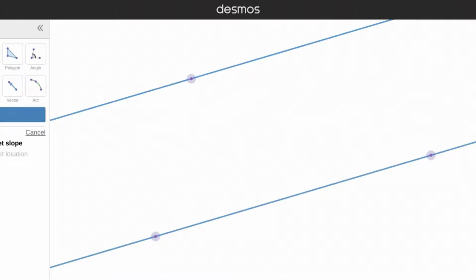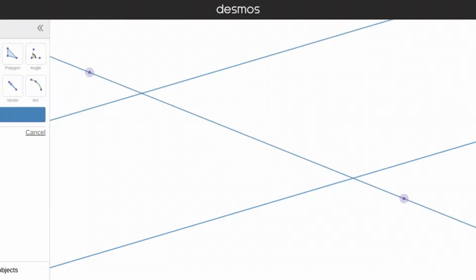So now we should have two parallel lines. I'm going to hide these points because we don't need them, so just go and click on them and hide them. Let's draw in a transversal line. Transversal line is a line that intersects two or more lines. When I draw my transversal, I'm going to change it to red.